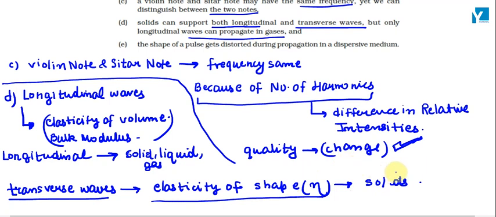So that's why mechanical transverse waves can only be propagated through solids, and longitudinal mechanical waves can be propagated through solid, liquid, as well as through gases.